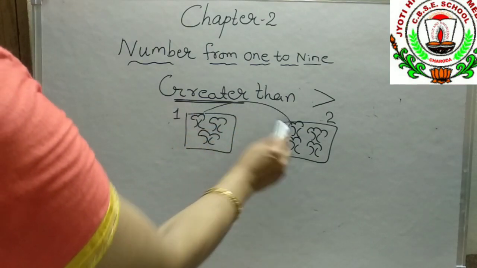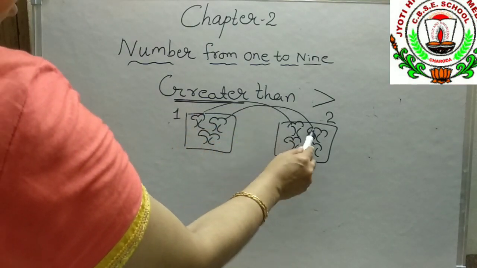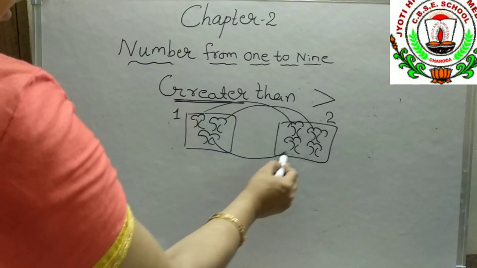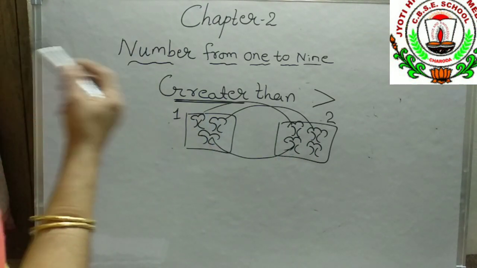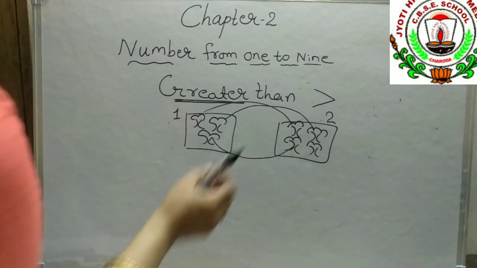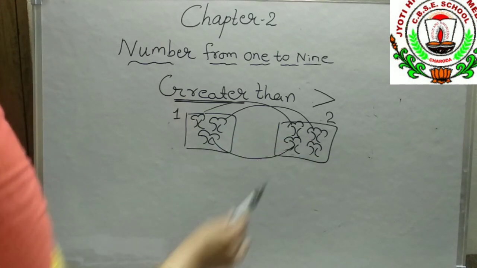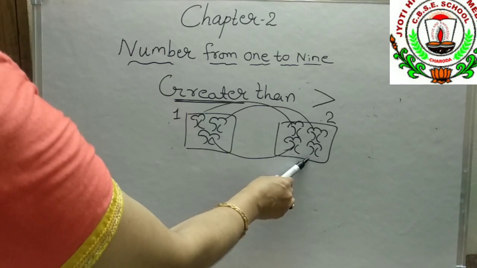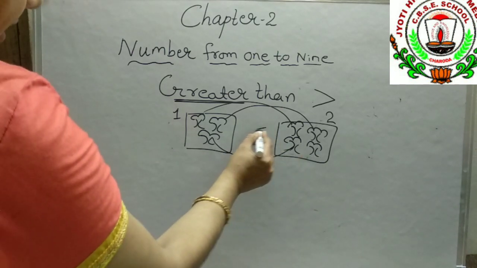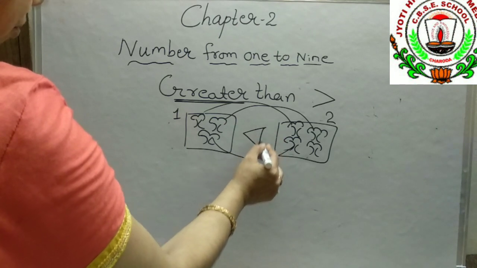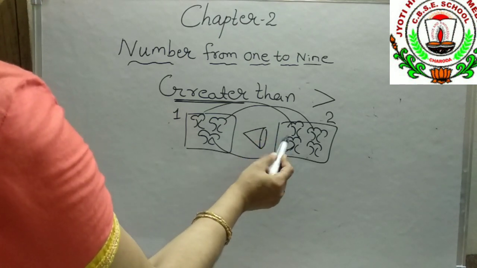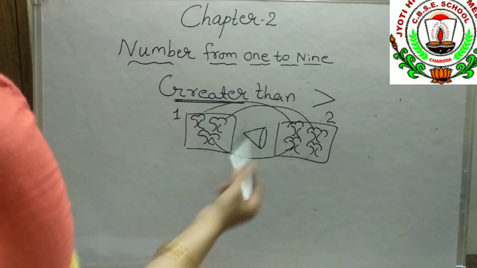One tree, one tree. Two trees, two trees. Three, third tree, three trees. Then in which box is the tree remaining? In the second box the tree is remaining, meaning the second box has more trees. So we will put the sign like this. The mouth should be open towards the box which has more things.